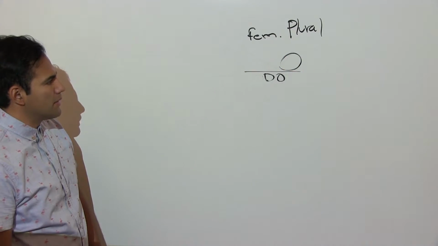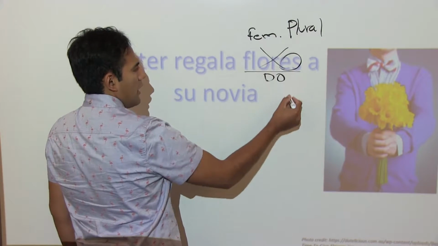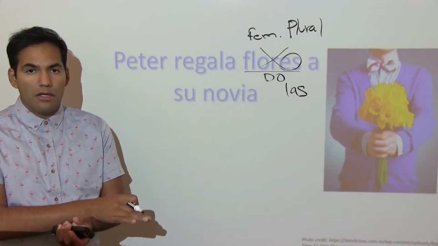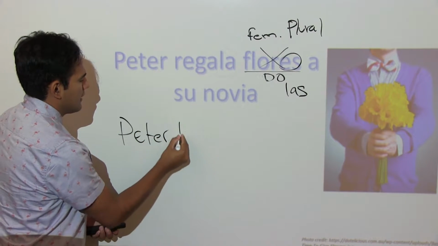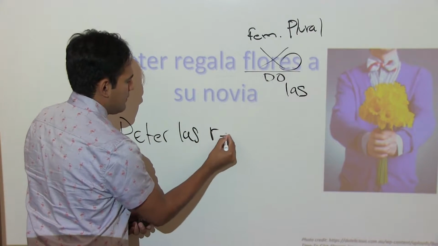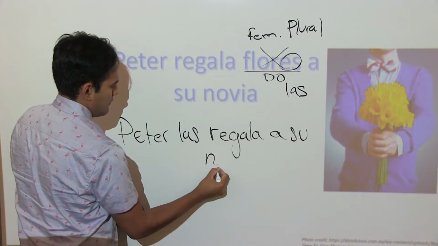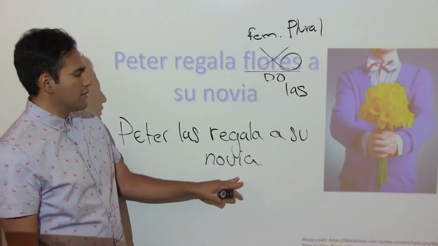That's the pronoun we're going to be using. So instead of las flores, we're going to write las. And remember again, we put it before the verb. In this case, Peter las regala a su novia.